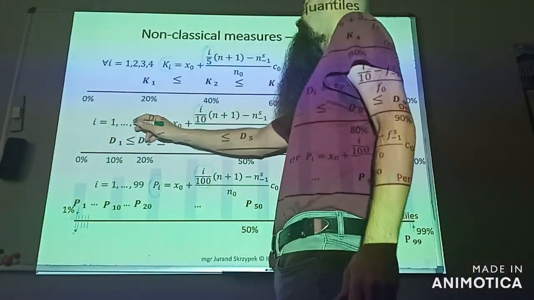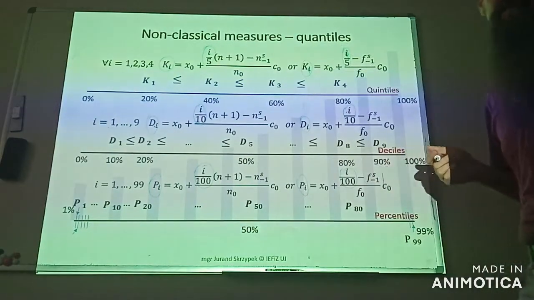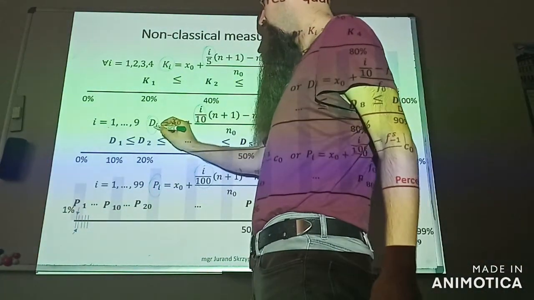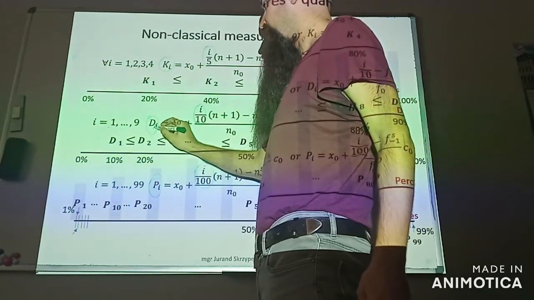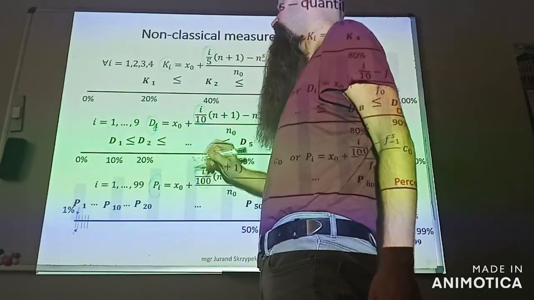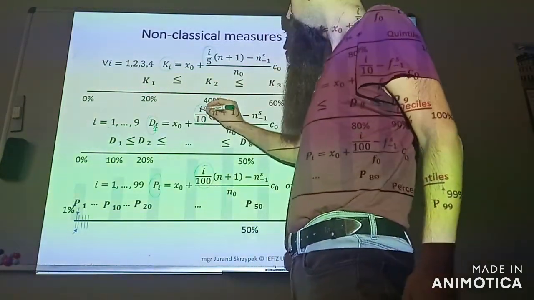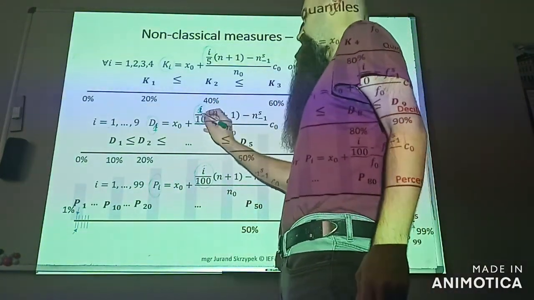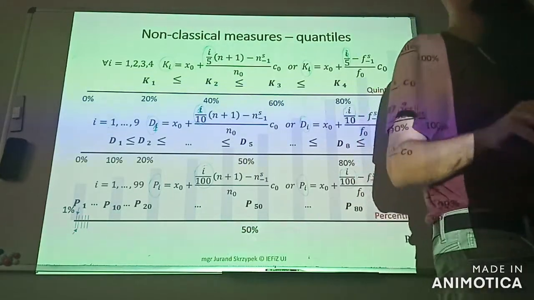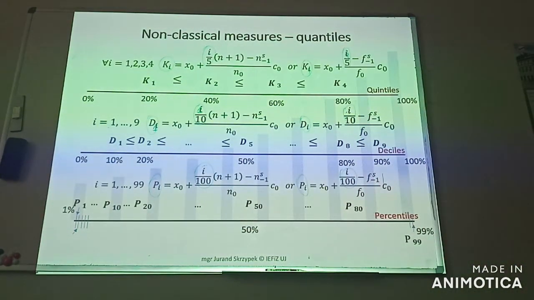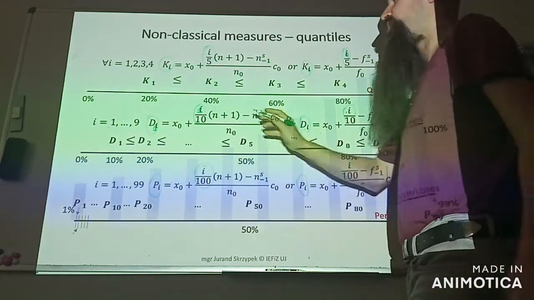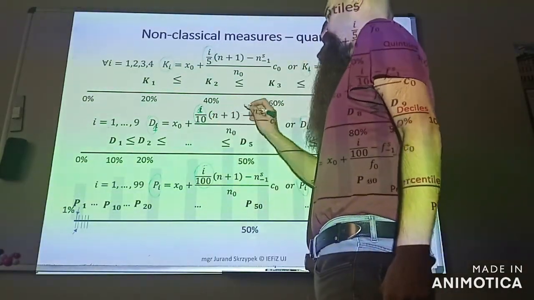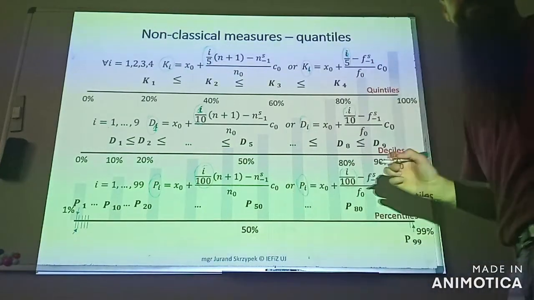The same thing here, we have 9 deciles, and if we want to compute the first decile, we take 1 here, and we also insert 1 here, and as you can see, I have here 1/10. Yeah, 1/10 means 10%. 10% of the population size raised by 1.